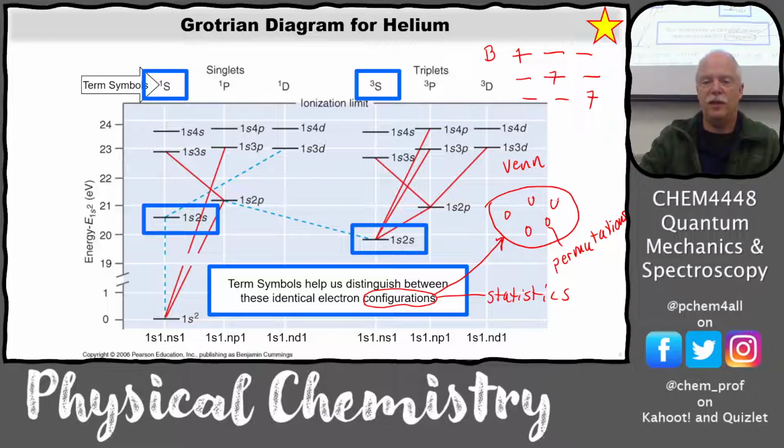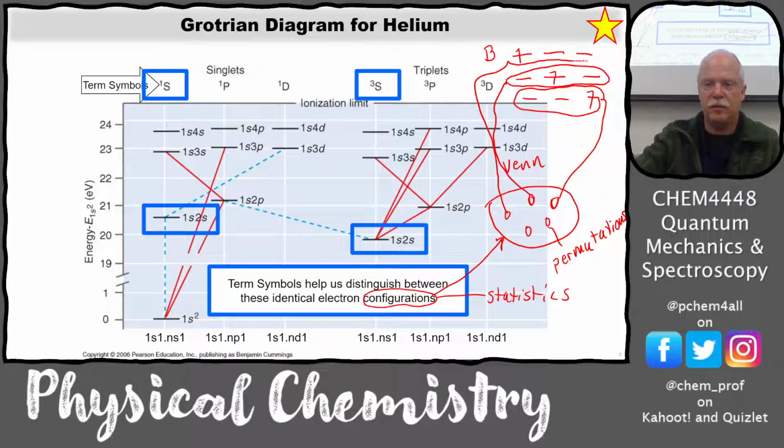Yeah, so this little instance here might be this one. This little instance here might be this one. And this little instance right here might be this top one. But all of those are the 2p1 configuration. So now you understand the difference between a configuration and a permutation.